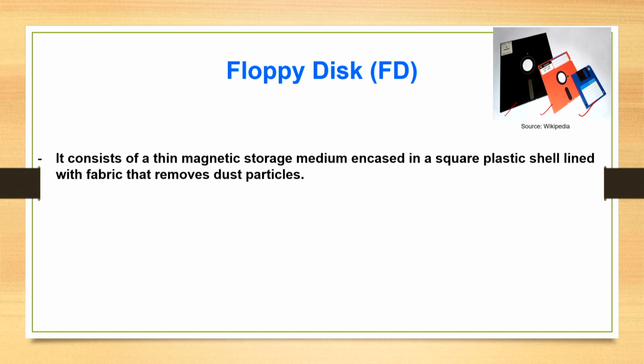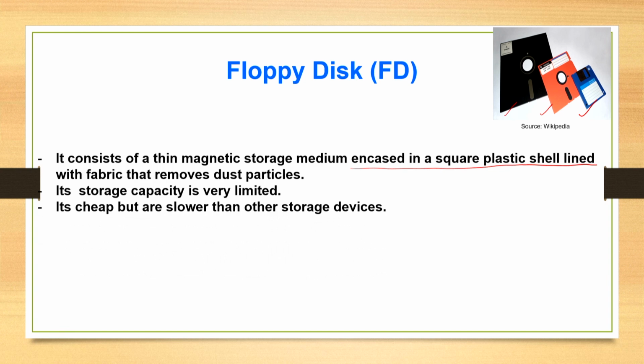It consists of a thin magnetic storage medium encased in a square plastic shell lined with fabric that removes dust particles. Its storage capacity is very limited, but it is cheap and slower than the other storage devices that I have discussed so far. These were widely used from the mid 1970s till 2000.